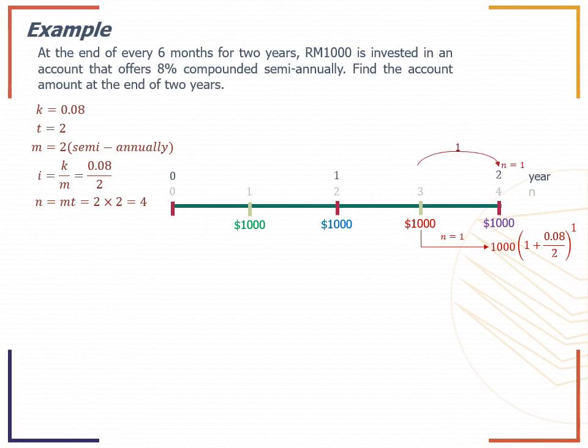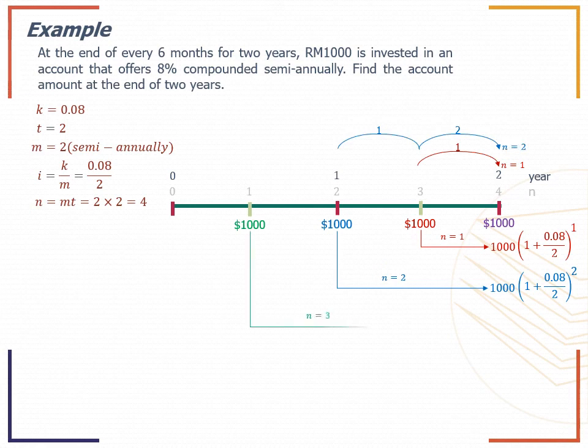Bring this 1,000 to the end of year 2 and invest with 0.08 over 2 and N is 2. And bring this 1,000 to the end of year 2 and invest with 0.08 over 2 with N is 3.